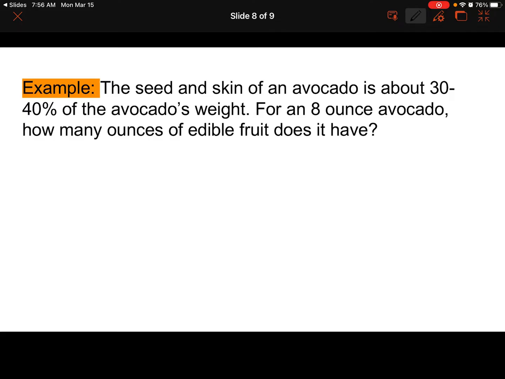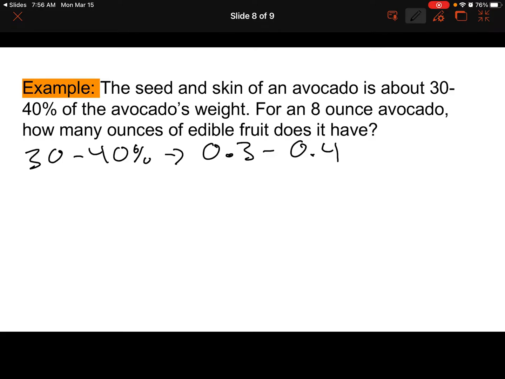All right, we've got another example for us here. The skin and seed of an avocado is about 30 to 40% of an avocado's weight. For an 8-ounce avocado, how many ounces of edible fruit does it have? All right, so an avocado would be 30 to 40%, which is the same as going from 0.3 to 0.4.